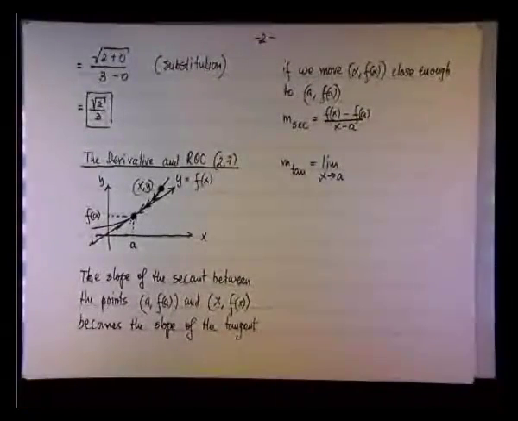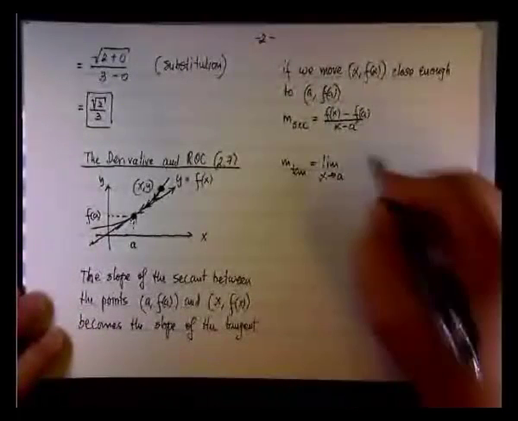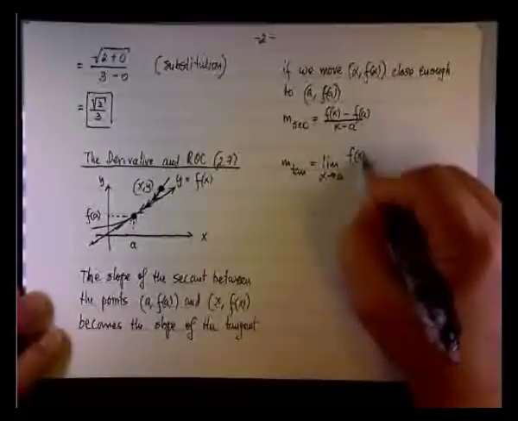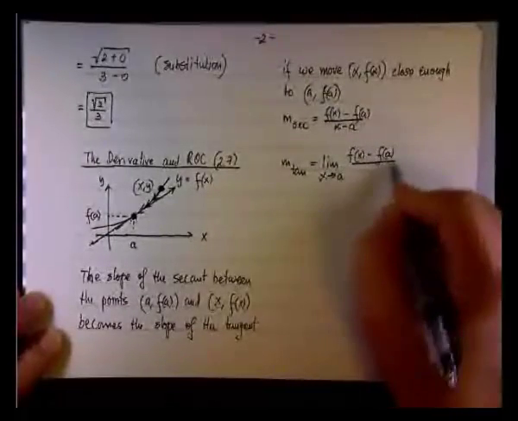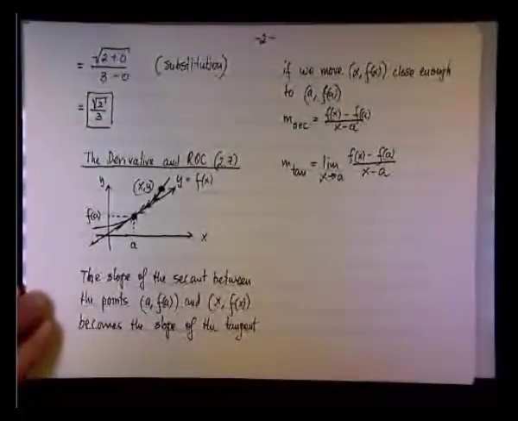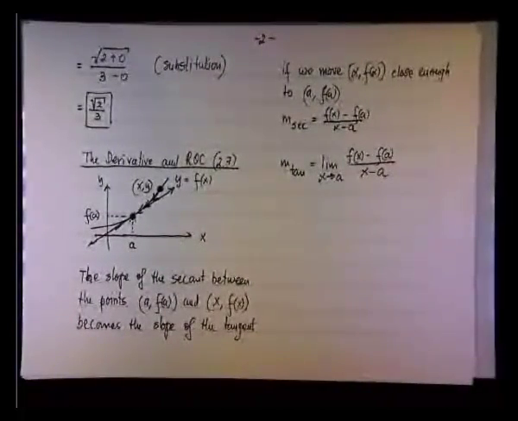And if we are close enough, we can say that the slope of the secant is the slope of the tangent. So the slope of the tangent will be the limit of the difference quotient, f of x minus f of a divided by x minus a, like so. Okay? And this, folks, is really the definition of the derivative.